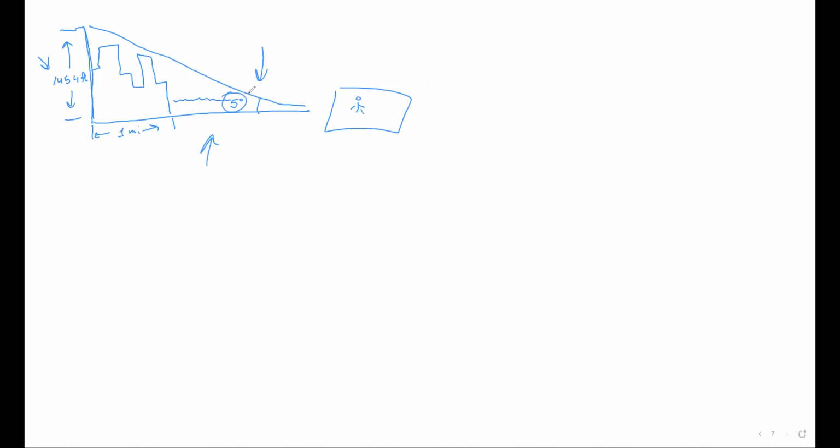And then they want us to figure out how far offshore the boat is. Okay, so let me write that. So our question is, how far offshore is the boat? Sorry, I keep moving the window around.